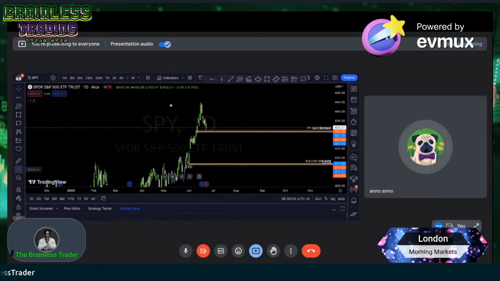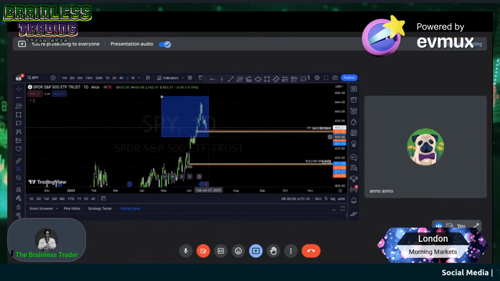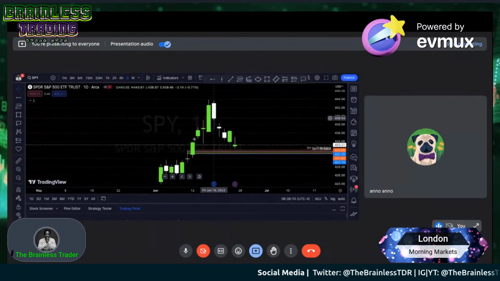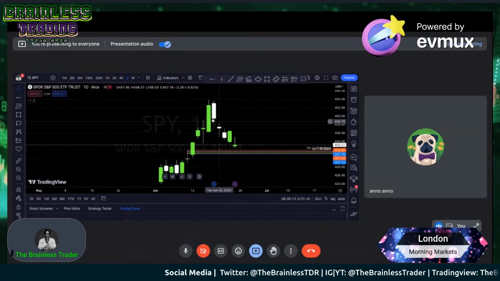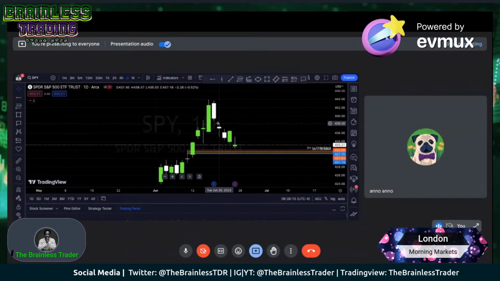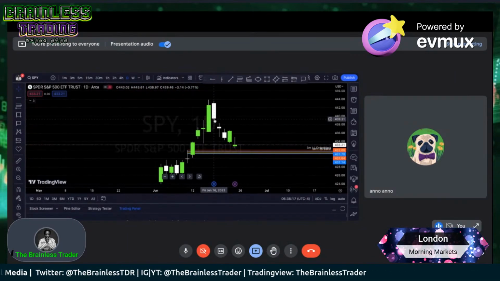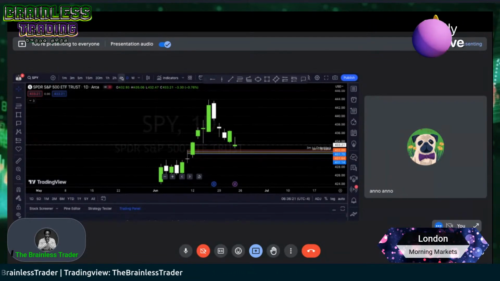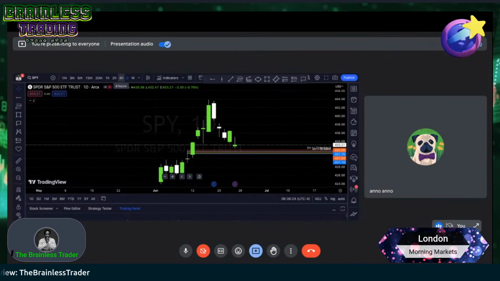So what I do on the higher time frames is, number one, I look for the value gaps and the volume imbalances. Honestly, if I can find a volume imbalance first, I would label that, and then I would try to see, depending on what the seasonal tendencies are.